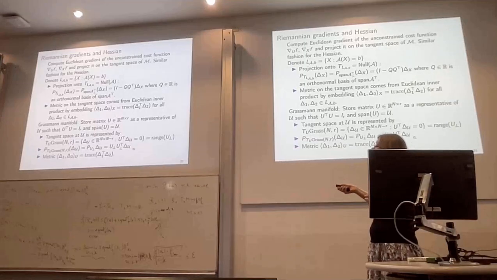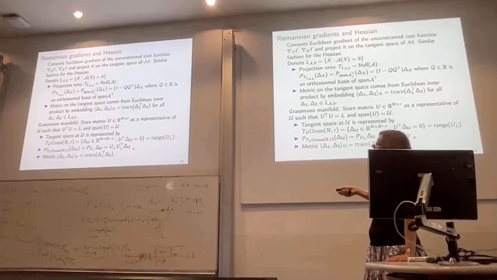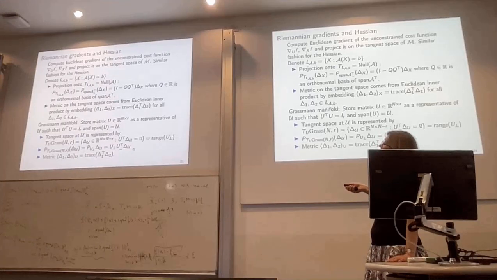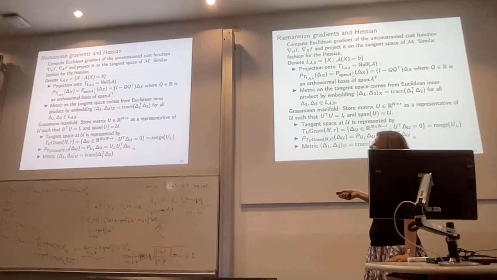Then you have to deal with U, and there I'm going to use my Riemannian approach for the Grassmann manifold. I can write down the tangent space and the projection of it. Basically I have to find a matrix U with orthonormal columns of rank R that spans my Grassmannian, and the tangent space is just the range of the orthogonal complement.